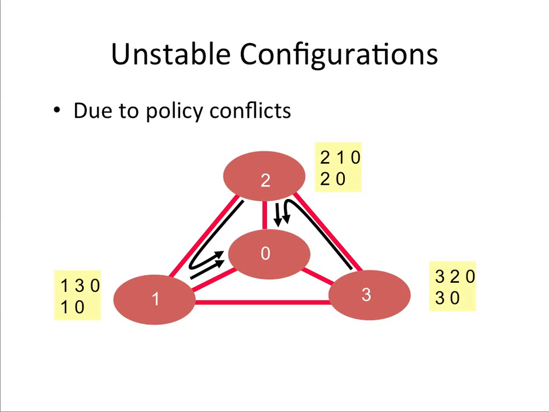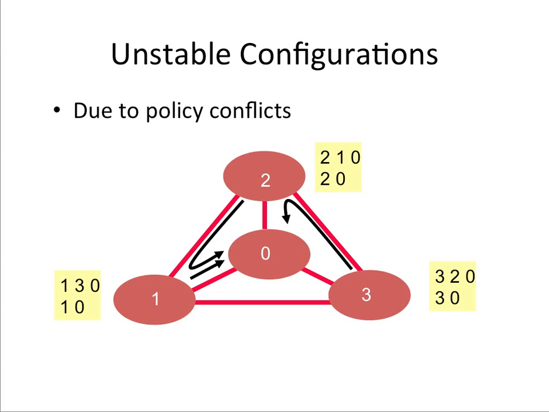Now, that route goes away. 2 is no longer sending that route. Now, what is 2 going to advertise? It's going to advertise 2, 1, 0. So 2 is going to say, I have 2, 1, 0. Okay. What should 3 do? 3 says, well, that's not a route I like, so what's the next route I like, which is 3, 0.